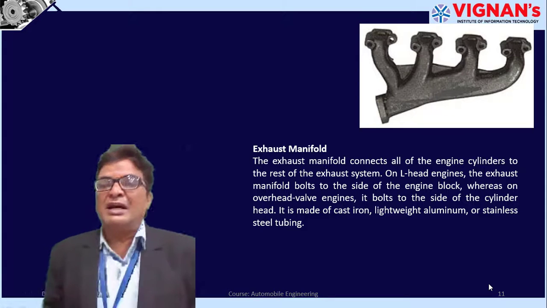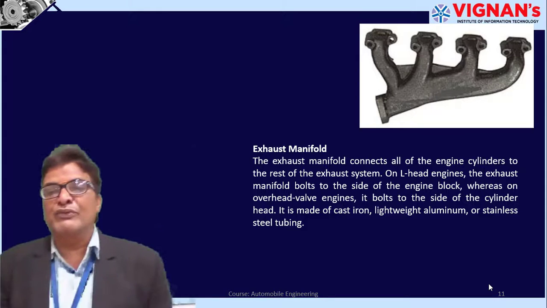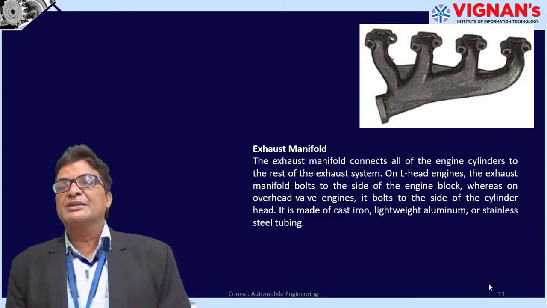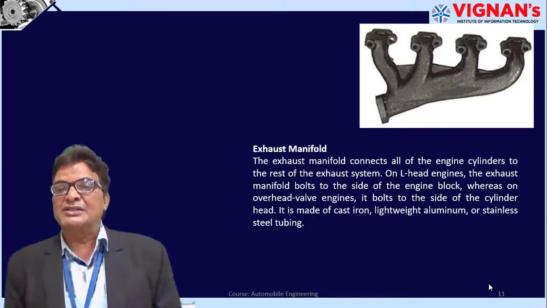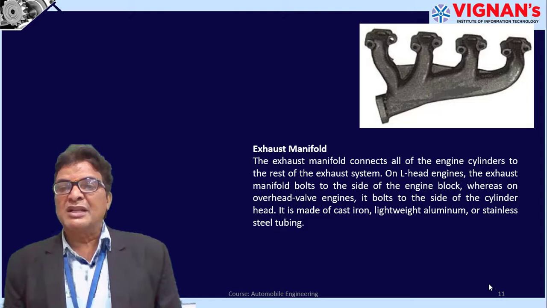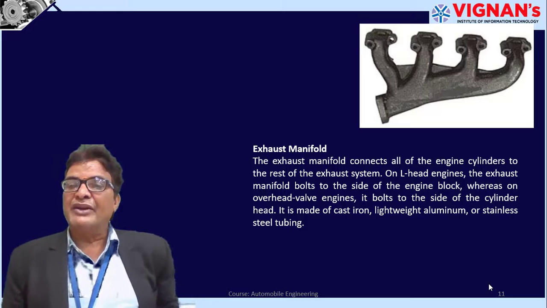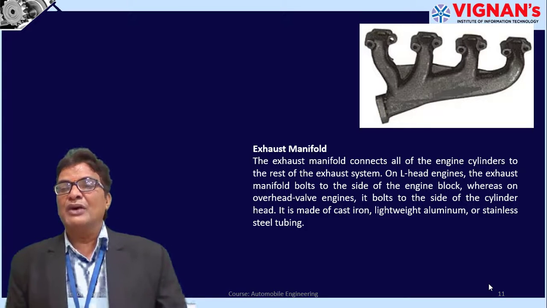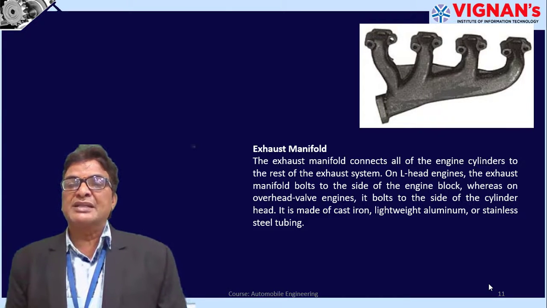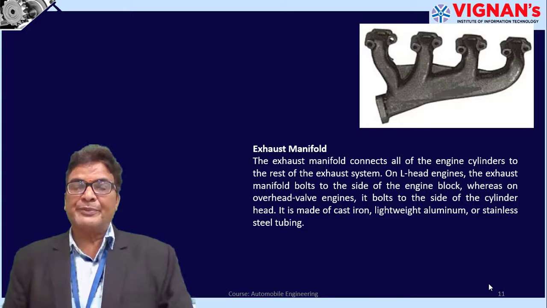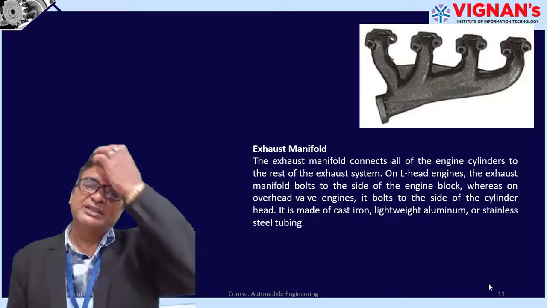So the exhaust manifolds are made by this forging process from steel or cast iron in case of some engines. In case of lightweight vehicles, these are made of aluminum, or stainless steel tubing is also adopted in some types of engines.